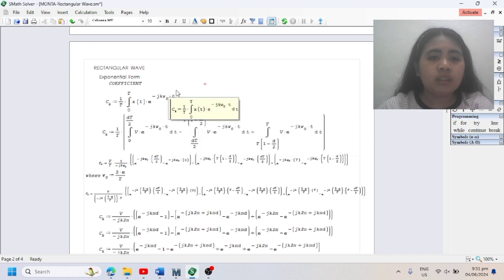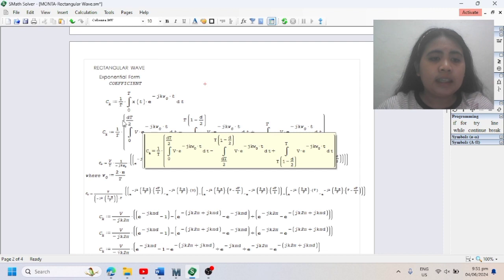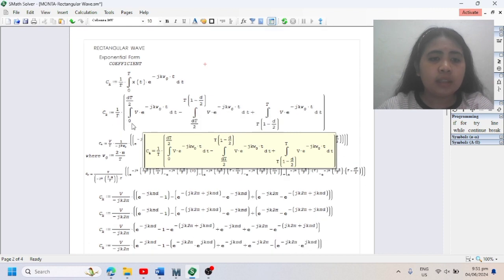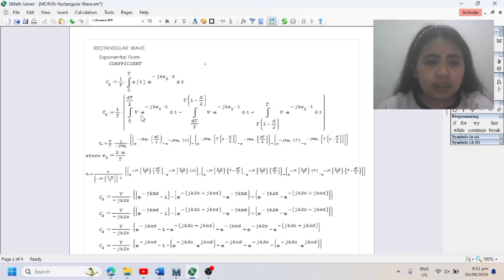Upon substituting the value of x(t), we arrive at ck is equal to 1 over T times the integration of 0 to dT over 2 of V times e raised to negative j k w naught t dt, minus the integration of dT over 2 to T times (1 minus d over 2) of V times e raised to negative j k w naught t dt, plus the integration of T times (1 minus d over 2) to T of V times e raised to negative j k w naught t dt.